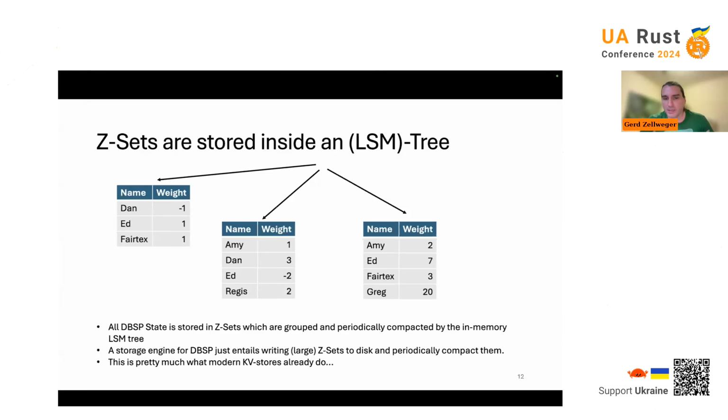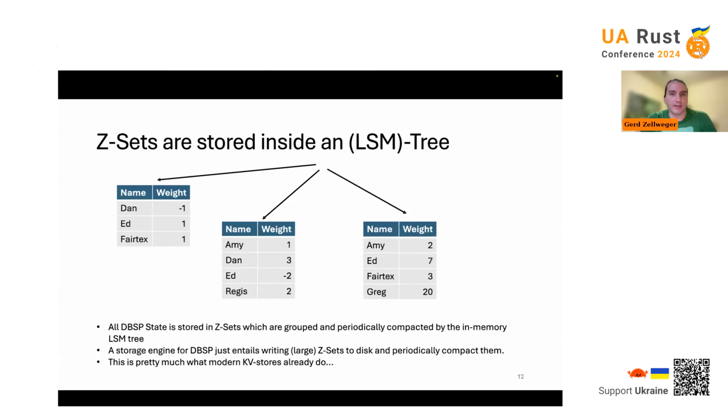That's basically what the LSM tree does for you. If you're familiar with key value stores, this is essentially how modern key value stores work. So when we started trying to build a storage engine for this Feldera project, we said, why don't we just use an existing key value store, because it has essentially this architecture I just explained.